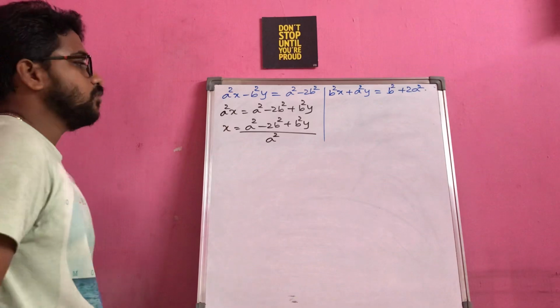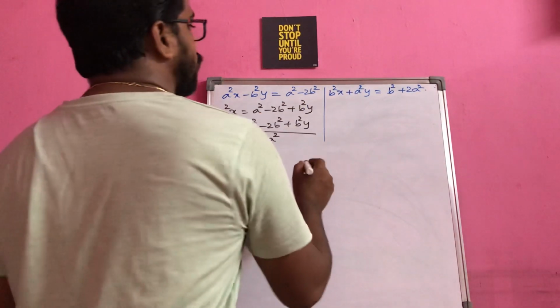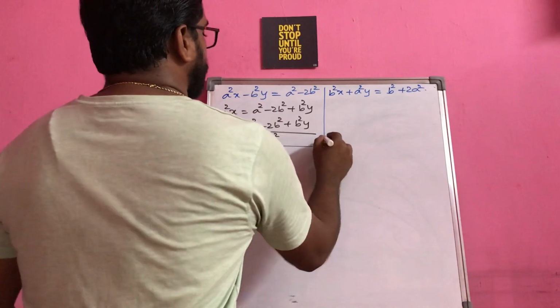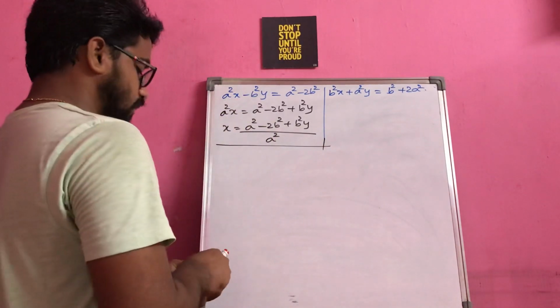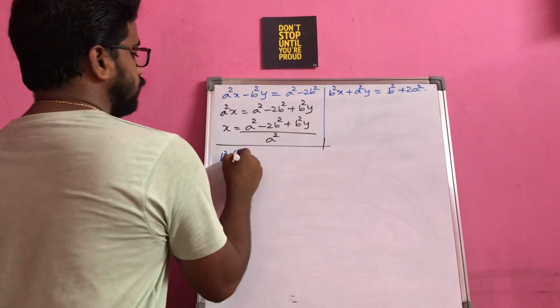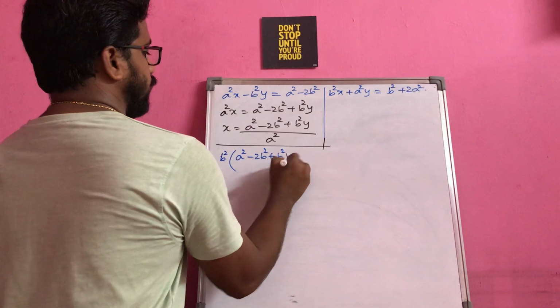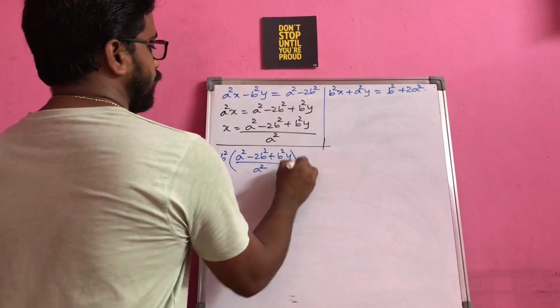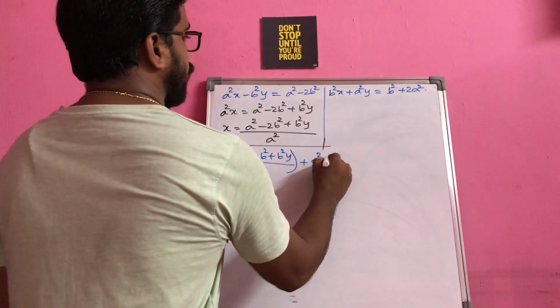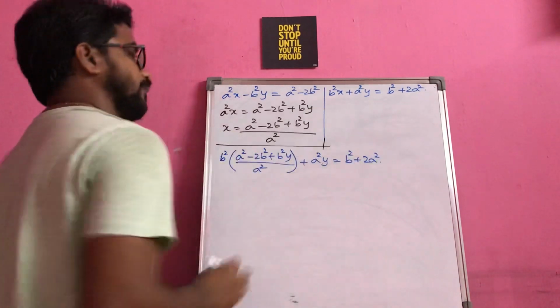Okay. So let us try to substitute the value of x here, and let us see what we are going to get. So let me keep it as it is and let us try to substitute in this equation. b square into a square minus 2b square plus b square y by a square, plus a square y is equal to b square plus 2a square, we are getting.